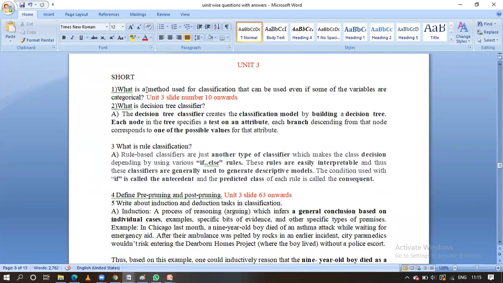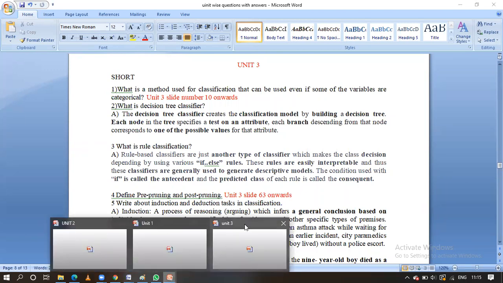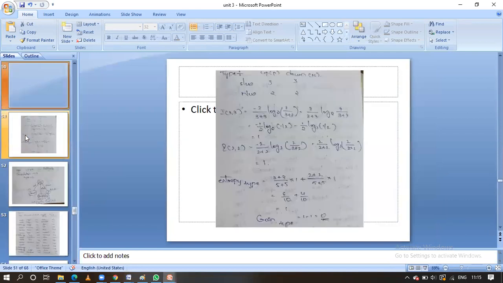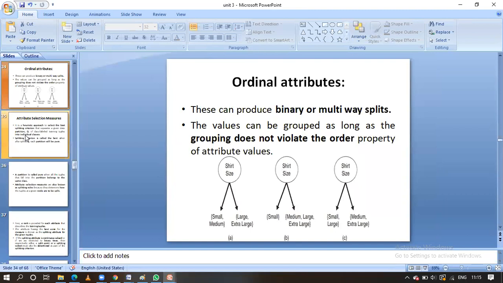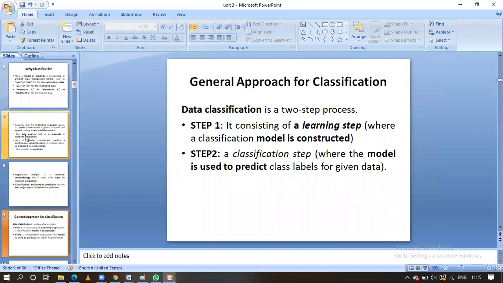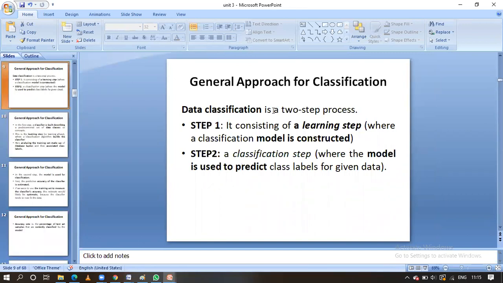Okay, in the third unit they are going to mainly discuss the decision tree, guys. The first one: what is a method used for the classification? Here classification related, 10th slide. General approach, we have to write it down.